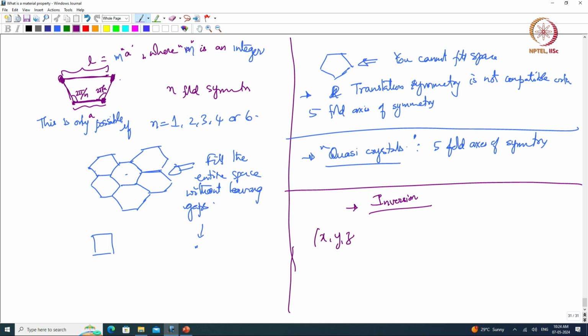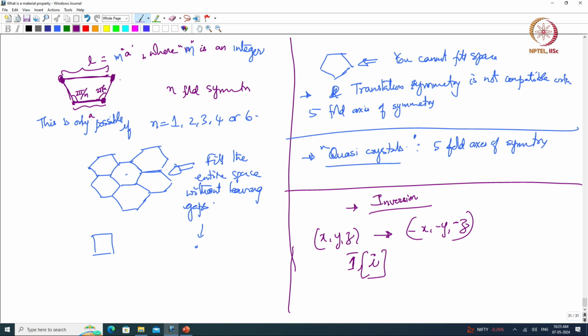Inversion is what takes x y z to minus x minus y minus z, right. So, inversion is represented as I in Schoenflies notation and as 1 bar in ITA notation, right. So, from now on if I say 1 bar, I mean that I have inversion symmetry or centrosymmetry.